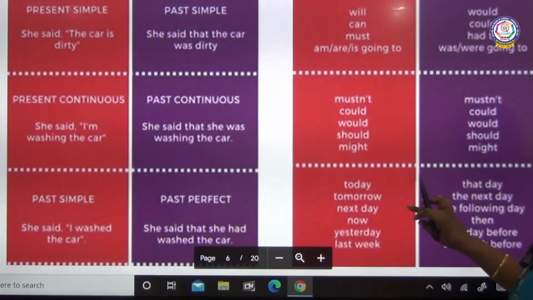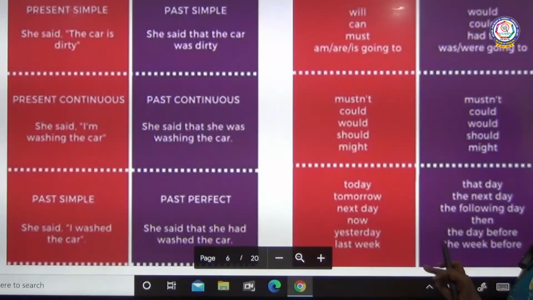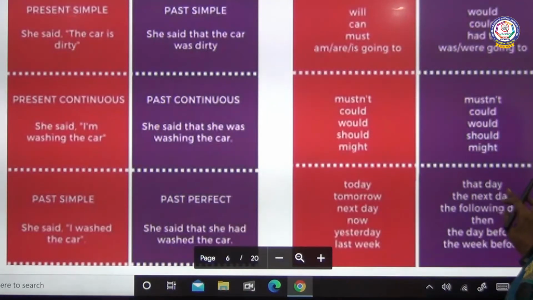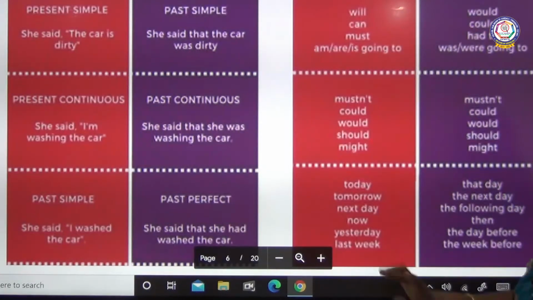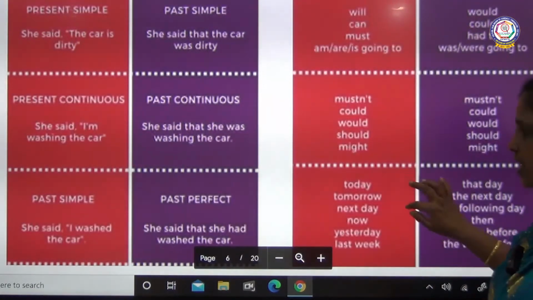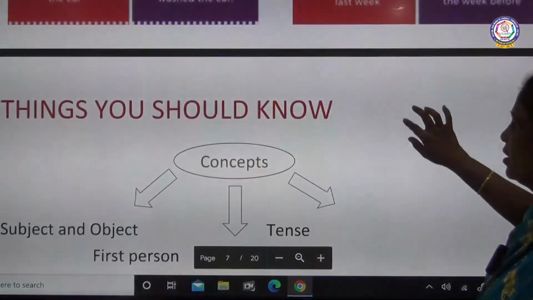Then today, tomorrow, now, yesterday, last week. Today will change into that day, tomorrow into the next day or the following day, now will change into then, yesterday into the day before, last week into the week before. So it is very clear, children, so these all will be the changes in the tense.